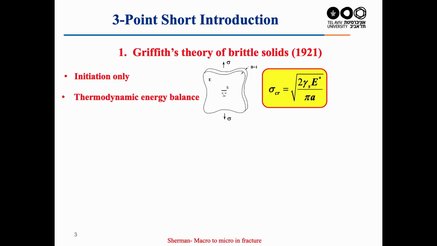The main idea and brilliant issue that he introduced is 2 gamma surface, twice the free surface energy of the material, because a crack generates two free surfaces. Here, this is the crack. It was the first time anybody showed that the strength is a function of the crack length or the flaw length.